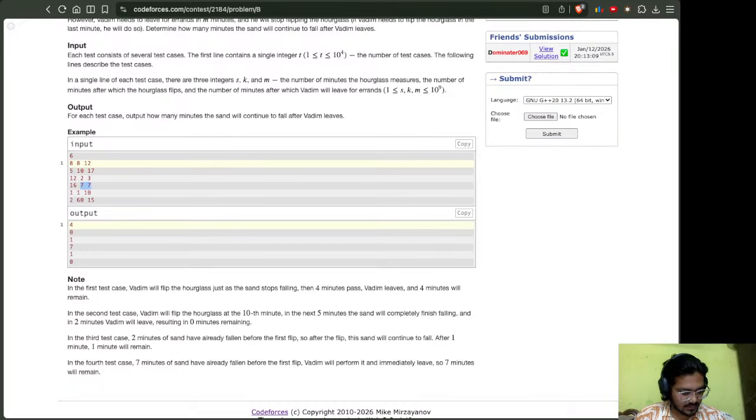5, 10, 17. 17 by 10 is 1. Mod is 7, extra is 7. So if it's odd, that means flip after 10.